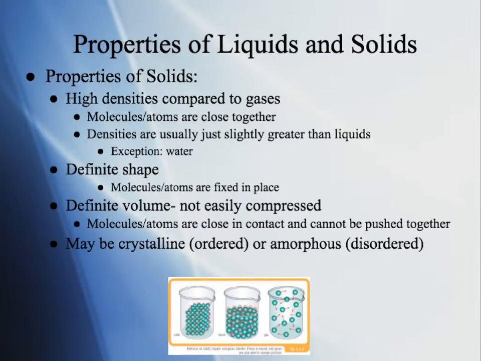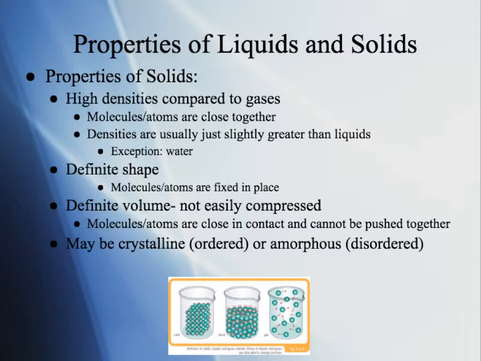Now, in comparison, solids, just like liquids, have higher densities, obviously, than gases. And again, that's because those atoms or molecules are closer together. Just a little side note, the densities of solids are usually just slightly greater than liquids. So it's not going to be a huge difference in density between liquids and solids of a particular substance.